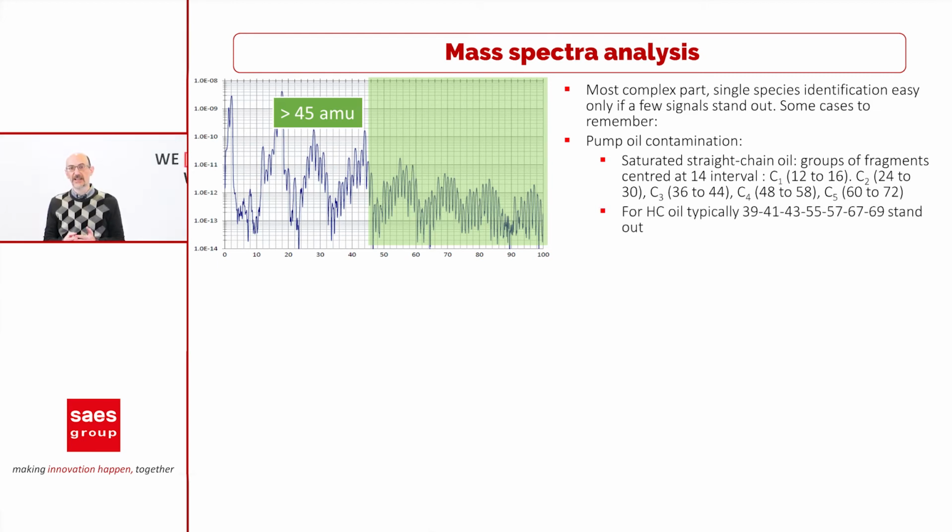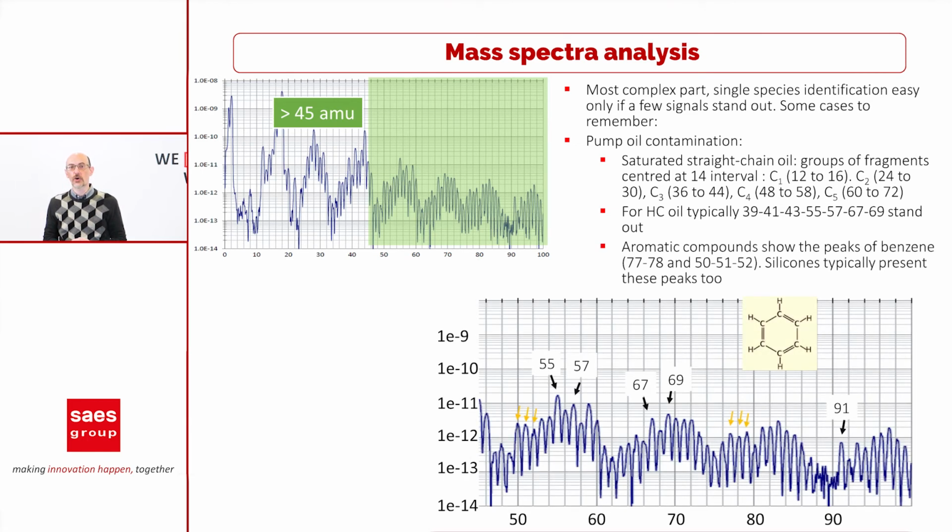Typically, masses like 39, 41, 43, 55, 57, 67, 69, 91 stand out in the spectrum. Aromatic compounds show the peaks of benzene 77, 78 and 50, 51, 52. Silicone oils and siloxanes typically present these peaks too.